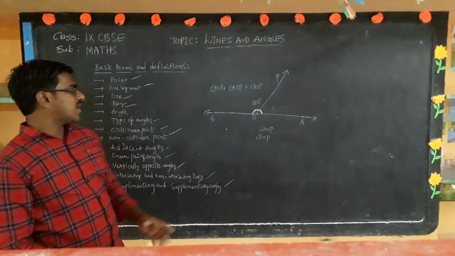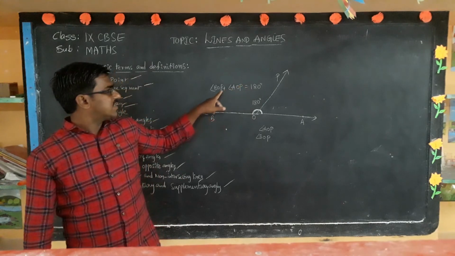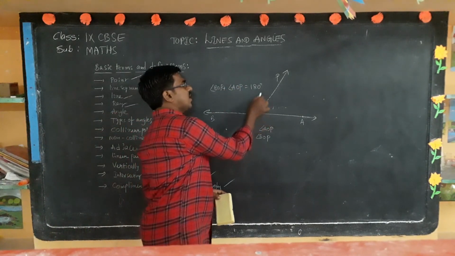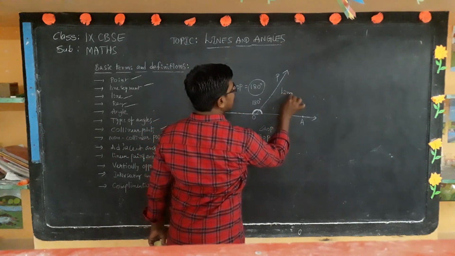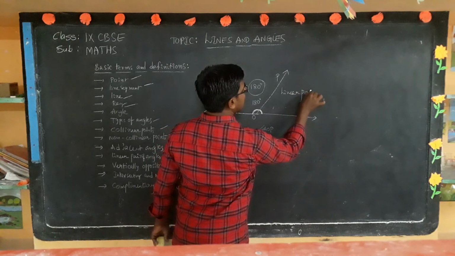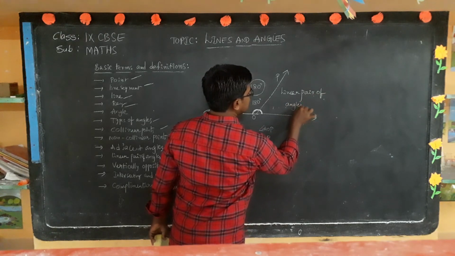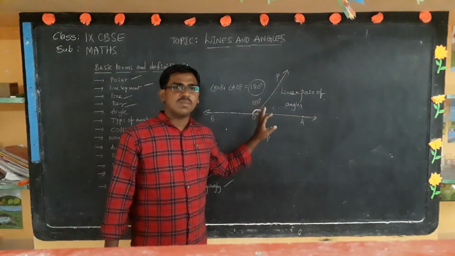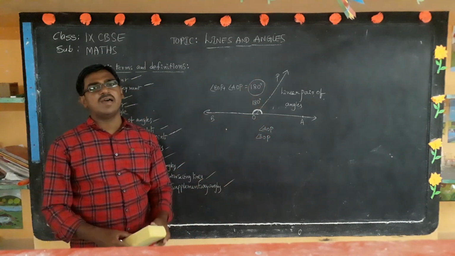If a ray stands on a line and the adjacent angles so formed sum to 180 degrees, we call them a linear pair of angles.